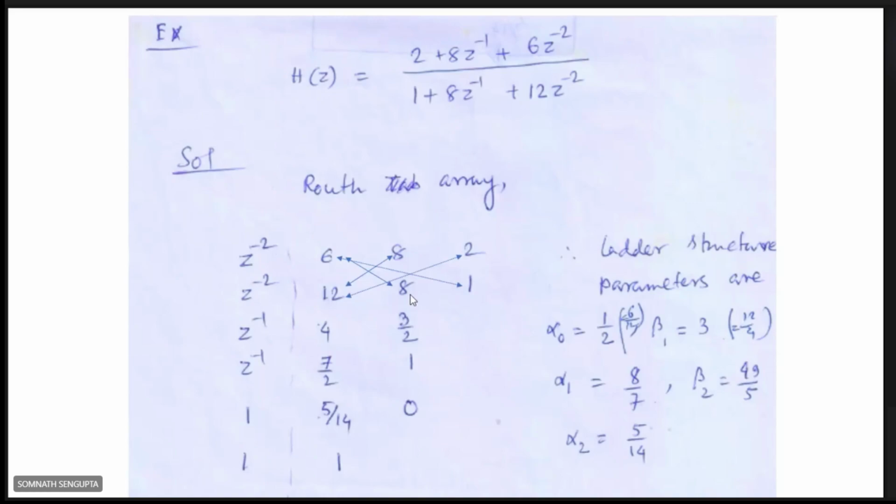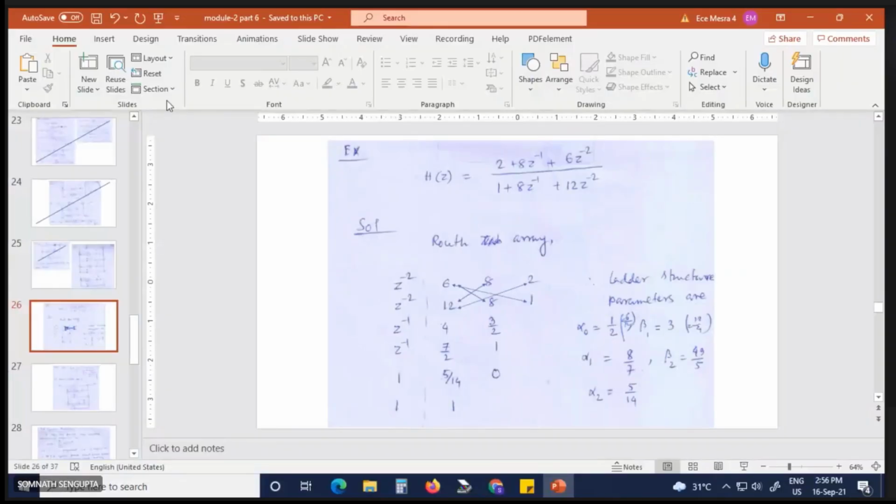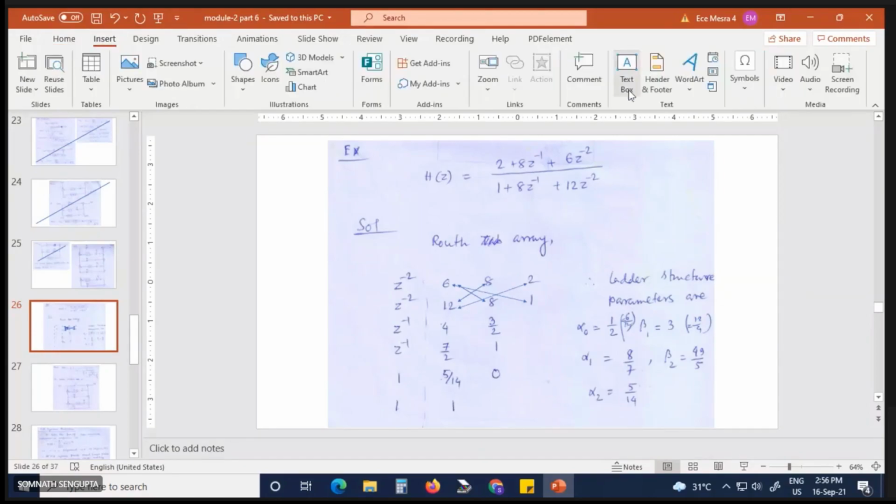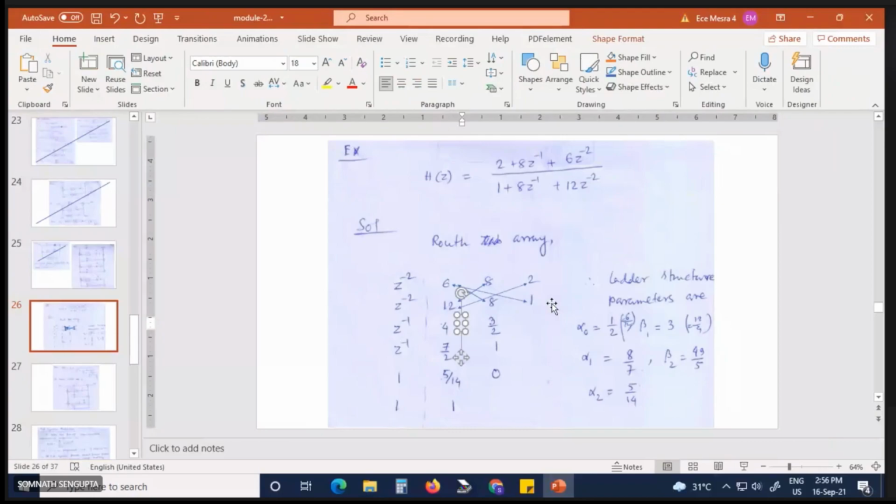So it is 48 by 12, so you get it as 4. Let me write this: 12 into 8 minus 6 into 8 divided by 12. This way it is coming.